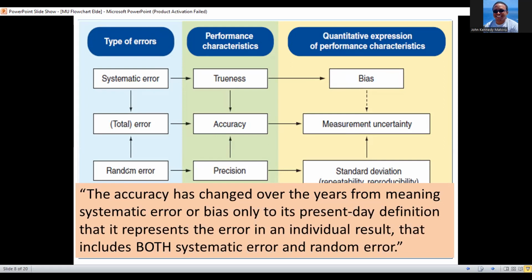Based on when the resource or publication that you are reading was created, accuracy could represent a pre- and post-MU meaning. Pre-MU, accuracy will only be equated with systematic error and trueness. But with the MU, accuracy now represents RE plus SE. All right? I hope that clarifies things.